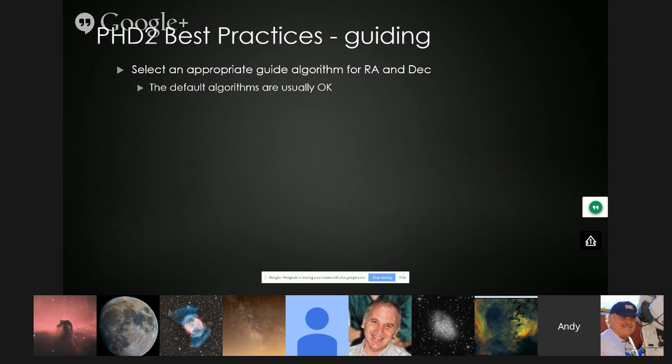So that's a case where you want to have a lower guide rate so you can send longer pulses. There might be other considerations with other mounts, but I haven't seen a lot of cases where the default setting of what your mount ships with doesn't work.